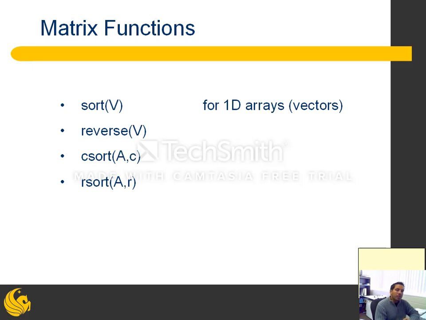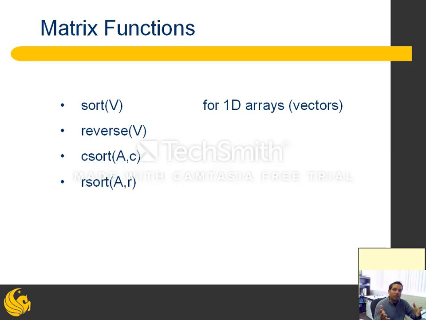Some other examples include sorting, which only applies for one-dimensional arrays. So if I have a vector V, I can sort the vector in ascending order. I can reverse it, so it will be in descending order. I can column sort a matrix. If I have a matrix A, I can specify the column number I want to sort by, for example column number 3.